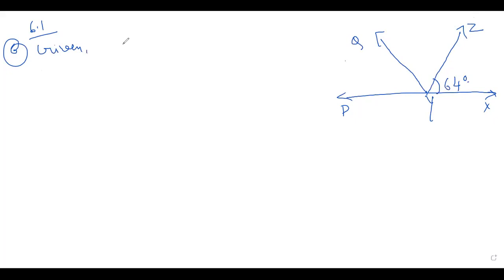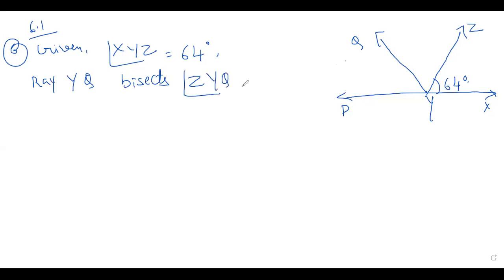Given angle XYZ is equal to 64 degree. Ray YQ, which is YQ here, ray YQ bisects ZYQ and QYP.